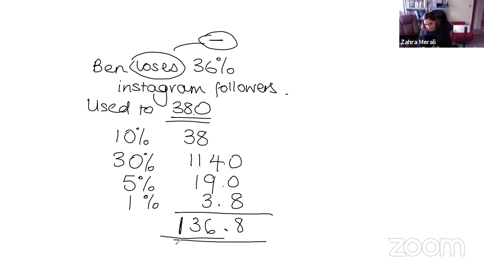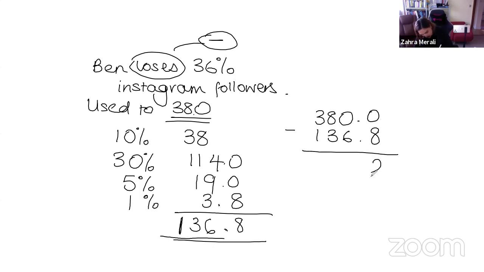So 380 minus 136.8, and you can do the subtraction, gives us 243.2. And that doesn't really make sense. So in the last bit of the question, you would say 243 followers.